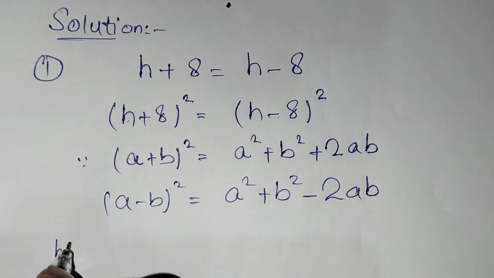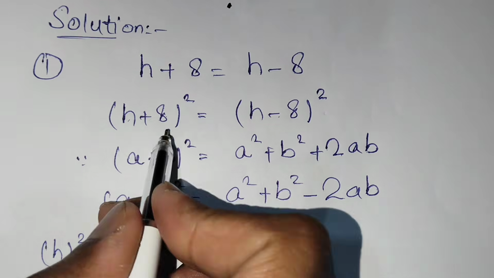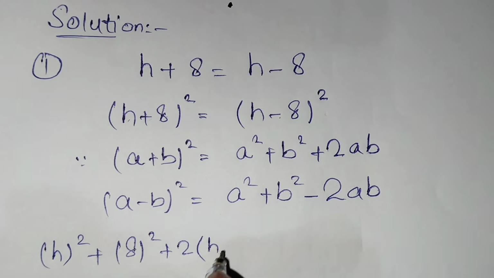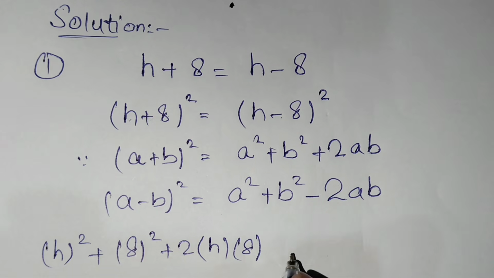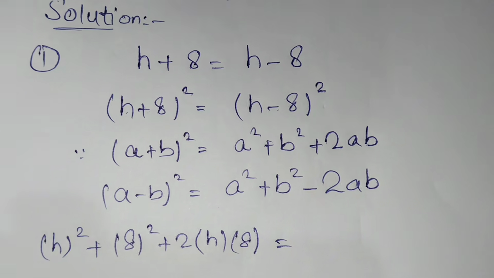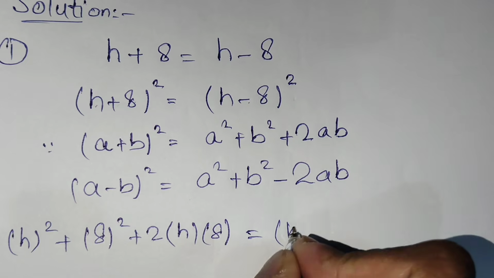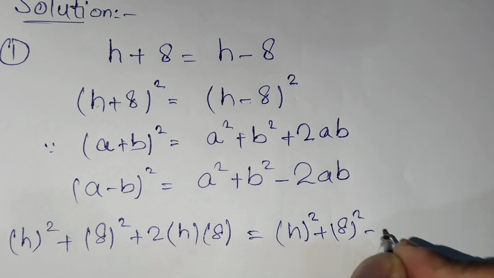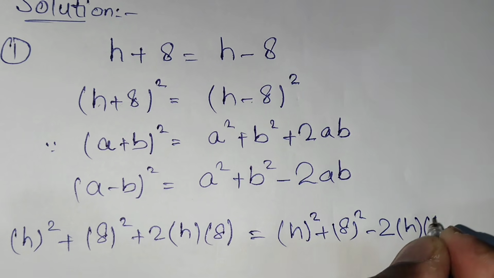This is h square plus 8 square plus 2 into first into second is equal to h square plus 8 square minus 2 into h into 8.